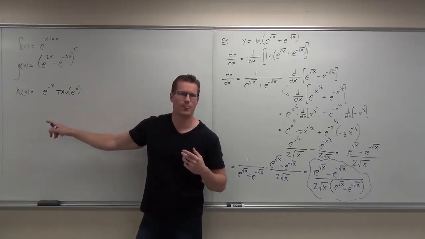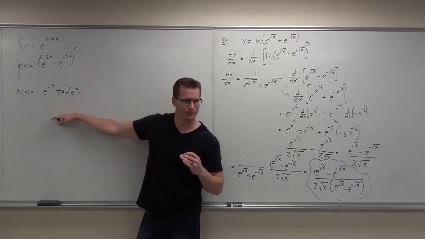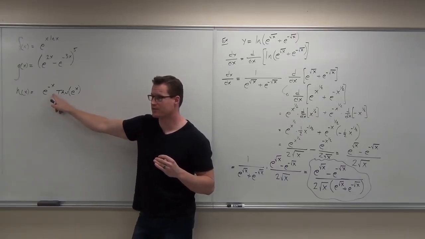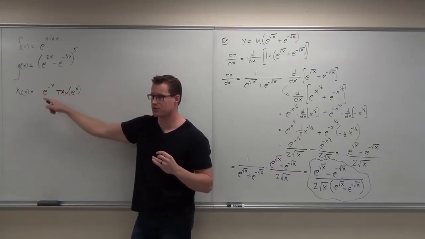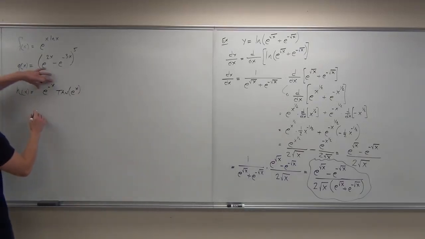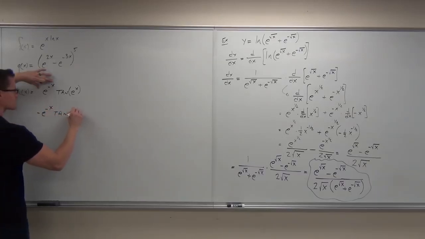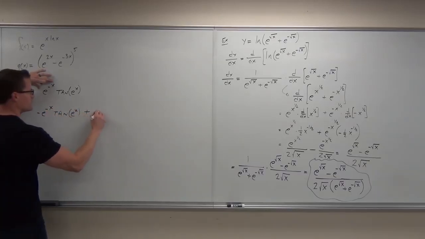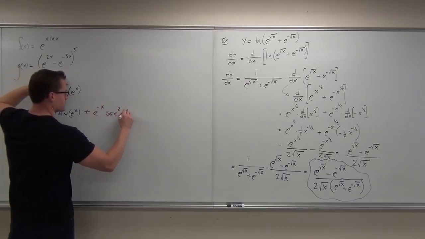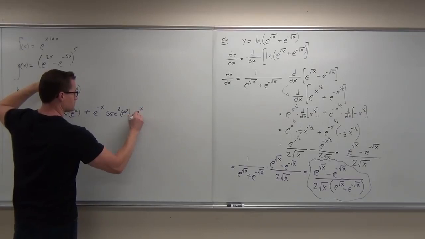Here, this is a good one. This is a nasty one. What's the first thing? Chain rule? No, product rule here. So with the product rule, we'd have the derivative of the first times the second, plus the first times the derivative of the second. Let's see if I can do this real quick. This will be negative e to the negative x tan e to the x, plus e to the negative x secant squared e to the x times e to the x.